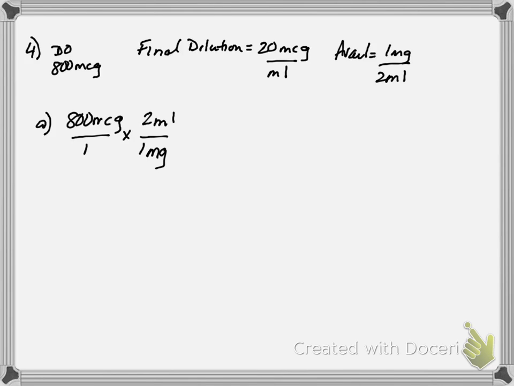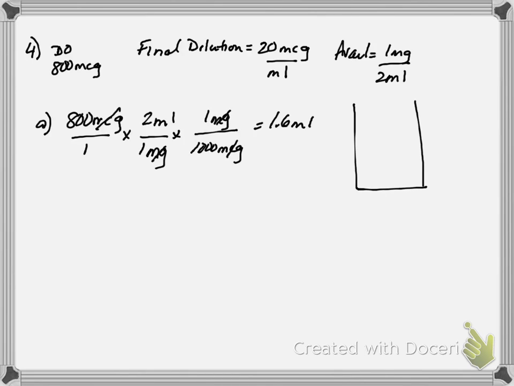I see that I need to do a conversion, so I do my conversion. 1000 mcgs is 1 mg, and now my mcgs will cross out, my milligrams will cross out, and I end up with 800 times 2 divided by 1000, and that gives me 1.6 ml. So in the cup, I'm going to put 1.6 mLs.